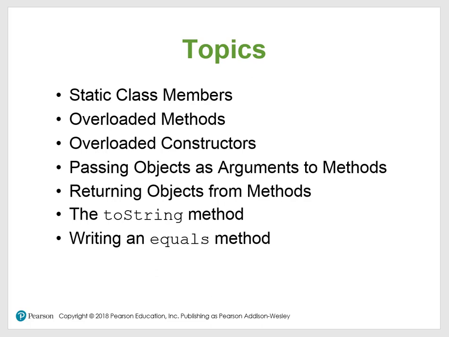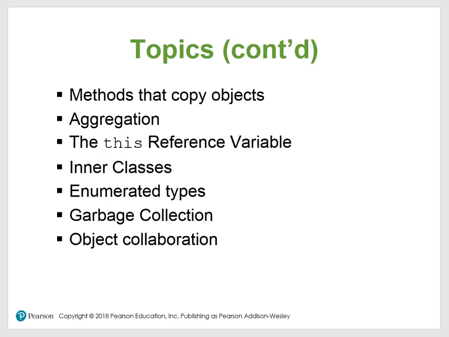We're going to talk about passing objects as an argument to methods, returning objects from methods, this thing, and then the toString method, of course, and writing an equals method as well. We're going to talk about methods that copy an object.